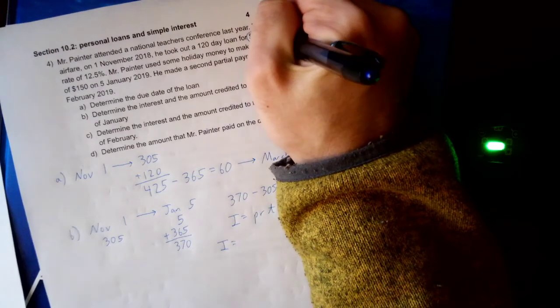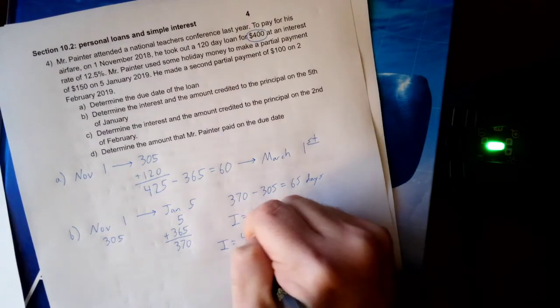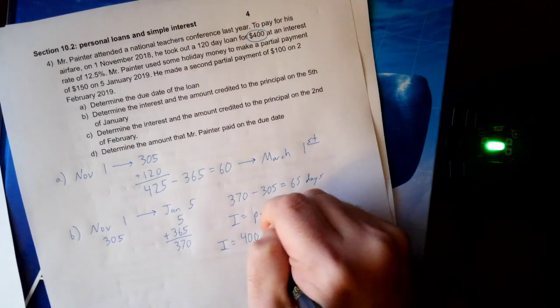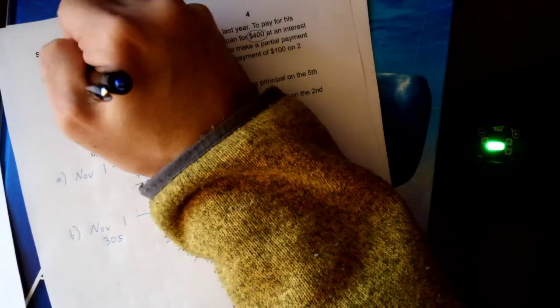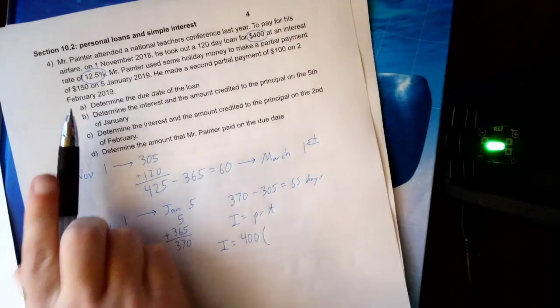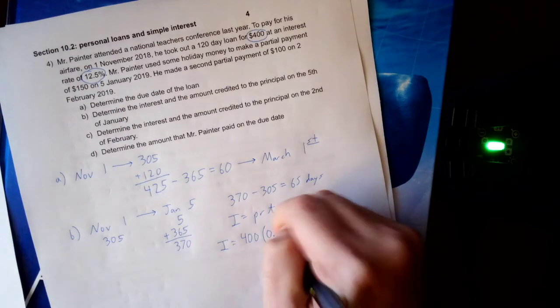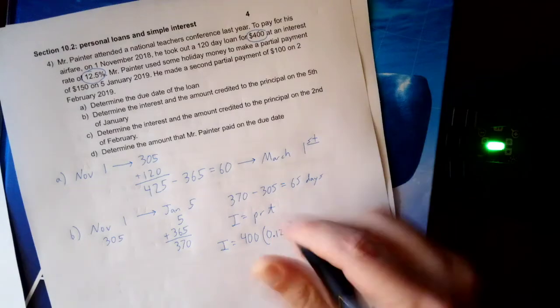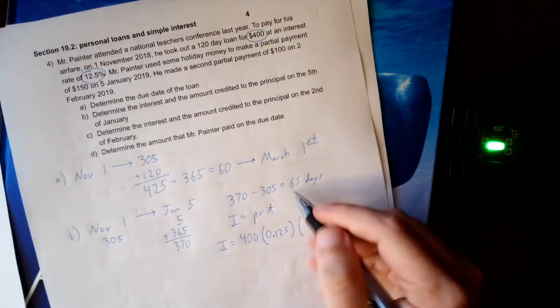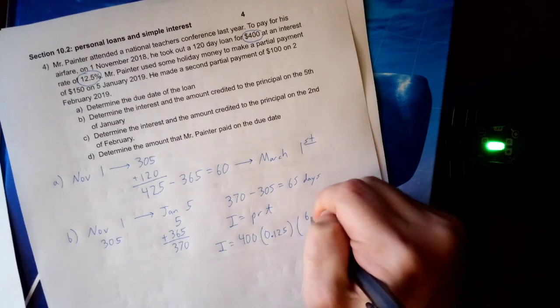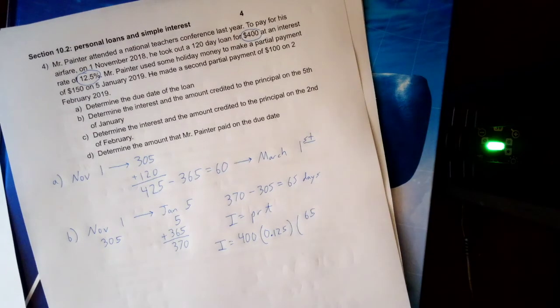How much loan did I take out? $400, right? My loan was for $400. So my principal is $400. The rate up here was 12.5%, which as a decimal is 0.125. And the time that has elapsed so far was 65 days. Be careful.